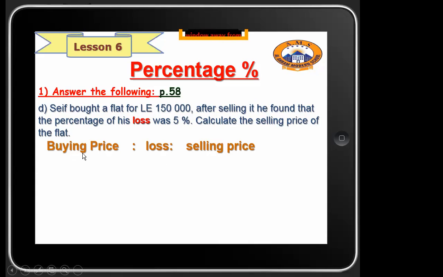Below buying price, which percentage am I going to put? 100%. Very good. And the loss in the exercise was 5%, so I'm going to write 5. Because I have the word loss, I'm going to subtract: 100 minus 5. That will give you 95%.